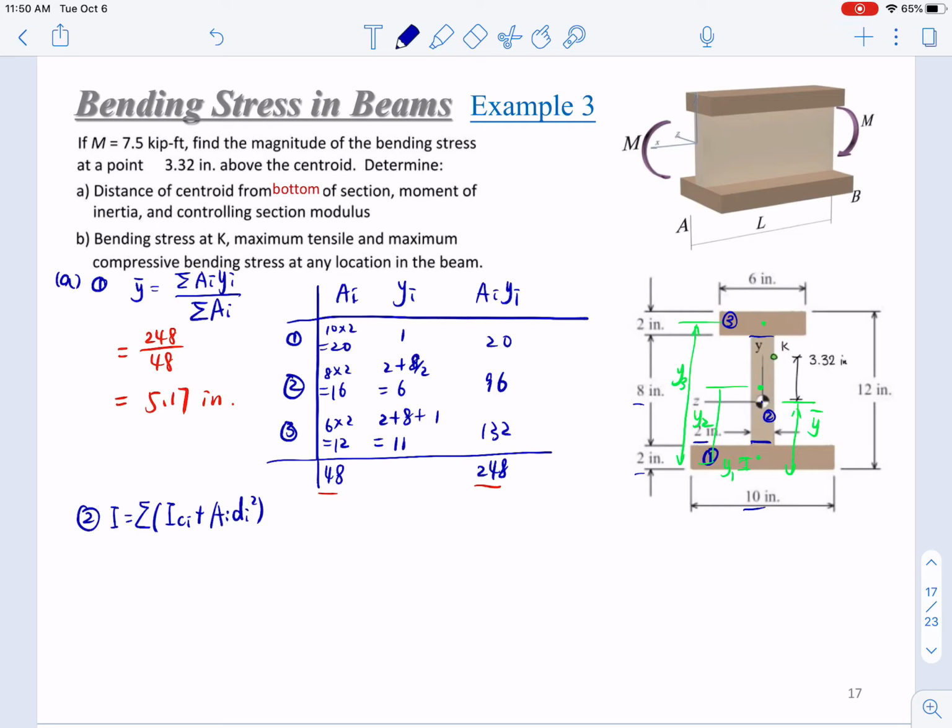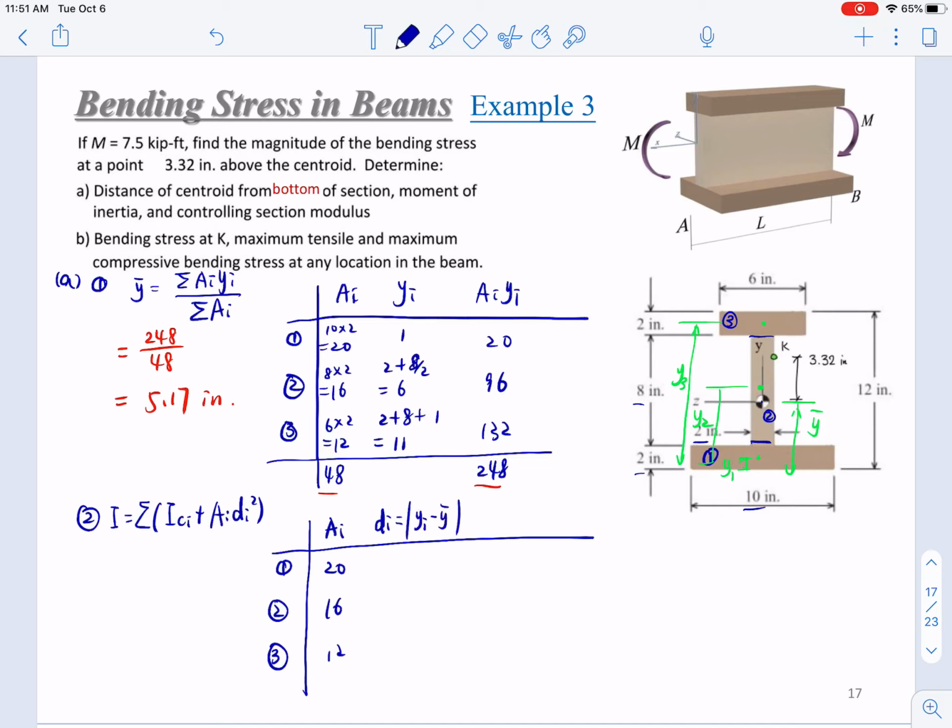Again, we just use this table. We have area 1, area 2, area 3. Here you have AI to be 20, 16, 12. And the DI equals what? YI minus Y bar.